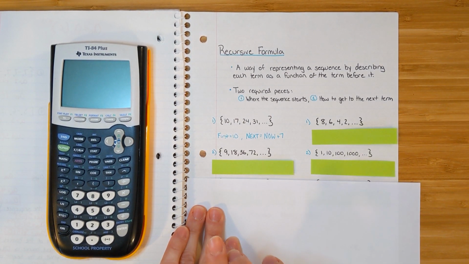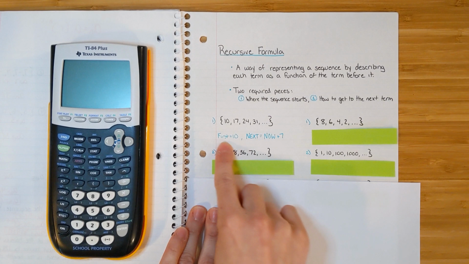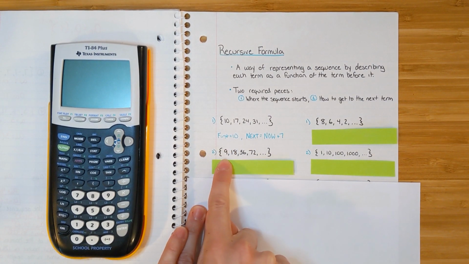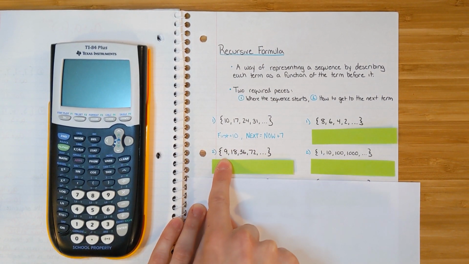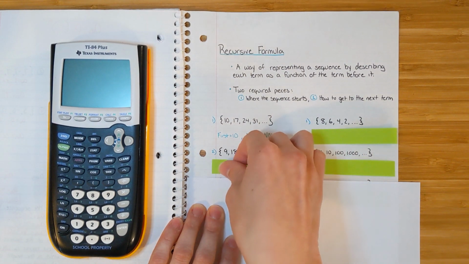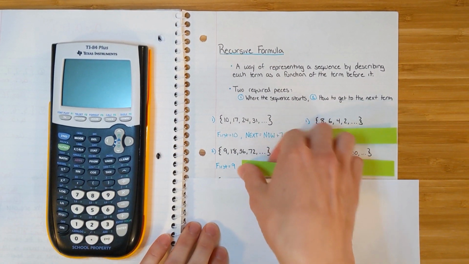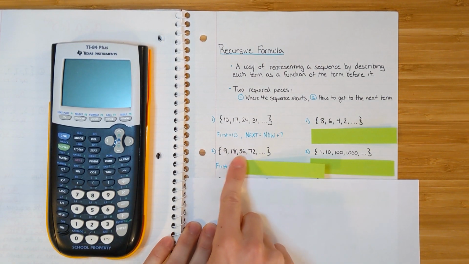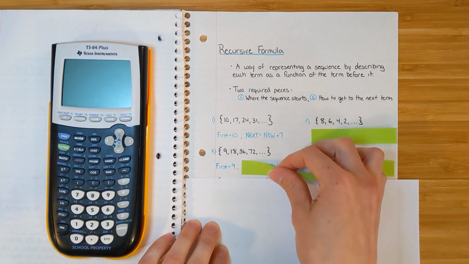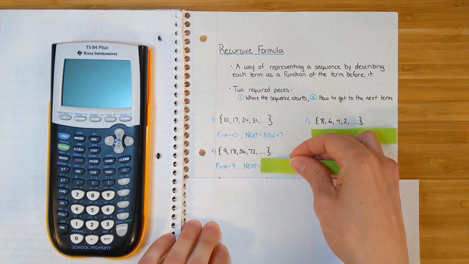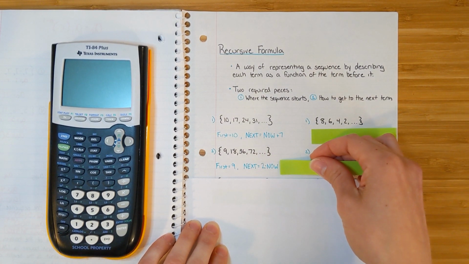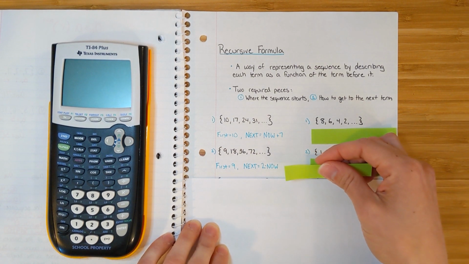Similar here, I'm going to start by telling you what the first term of my sequence is. So I'm going to start by saying the first equals 9. But now the pattern here, as I move from one term to the next, is multiplying by 2. So if I want to define my next term, I'm going to say the next one is 2 times the term I'm at now.